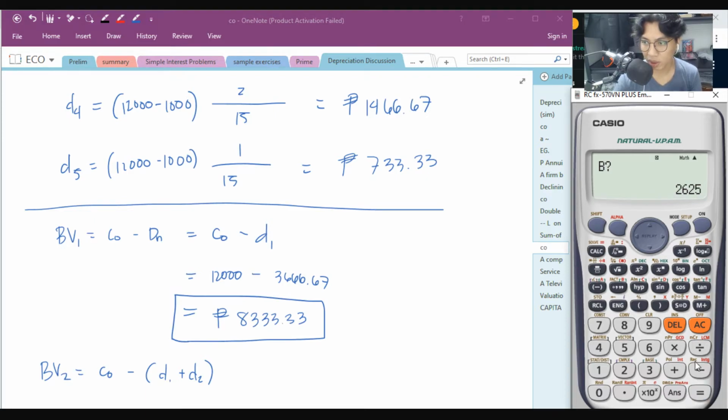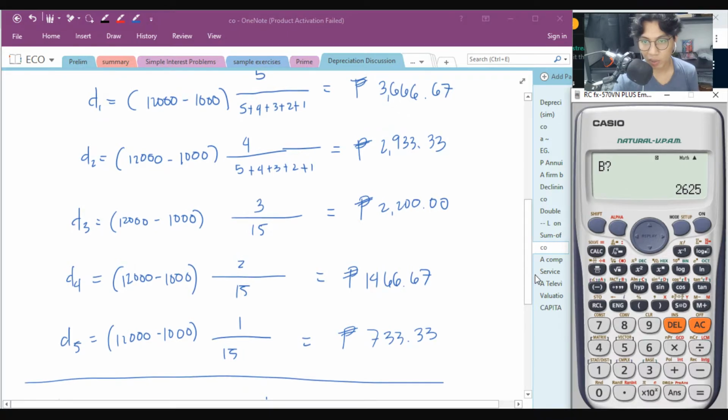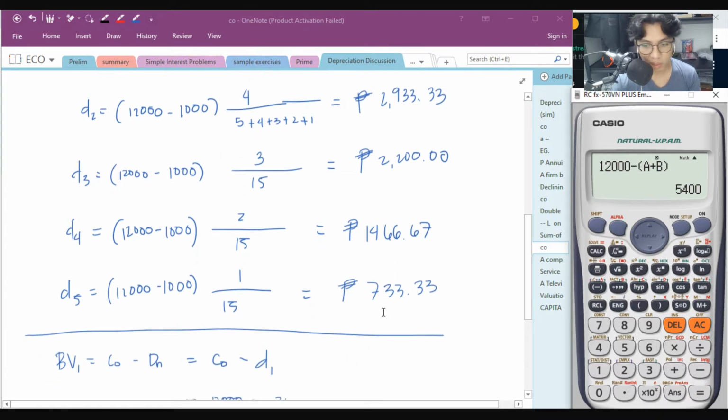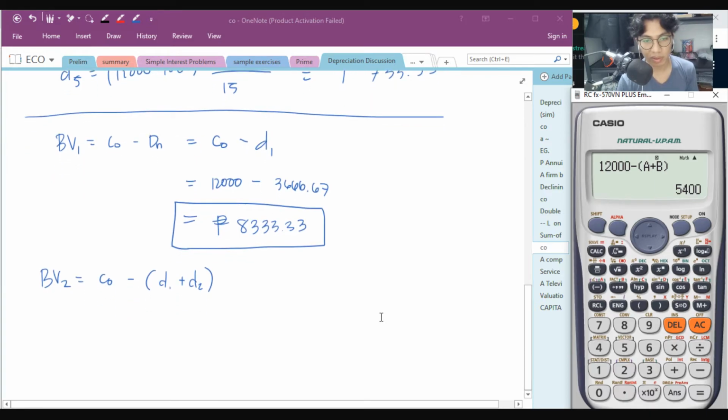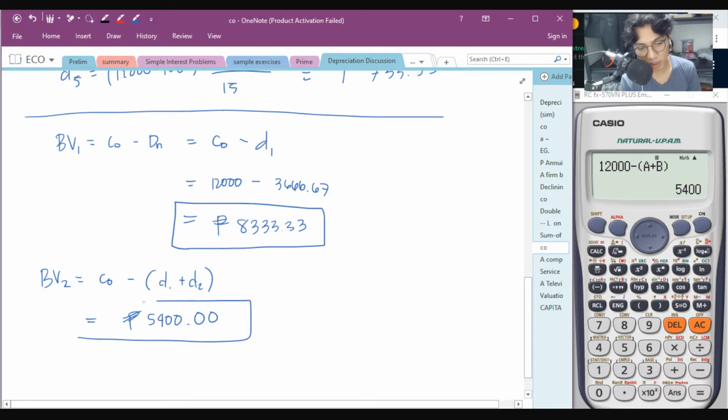Tapos yung B, anong value niya? 2,933.33. Okay. So, ang value is 5,400 pesos. That is the book value now. Ang bilis bumaba ng value niya, di ba?